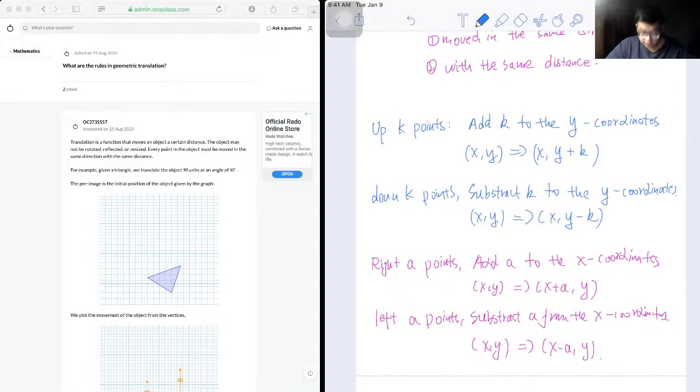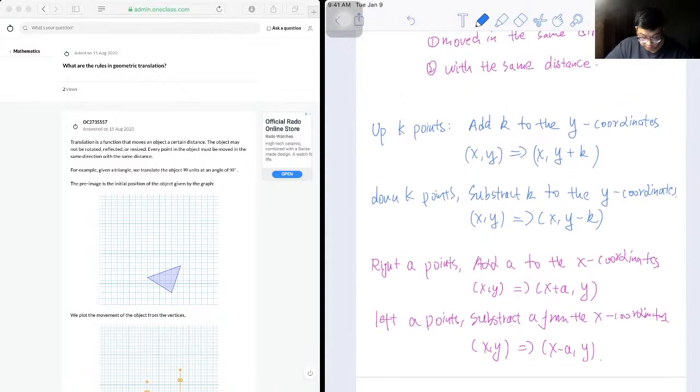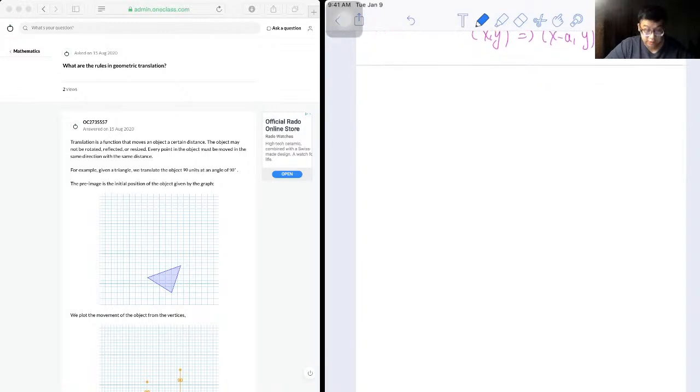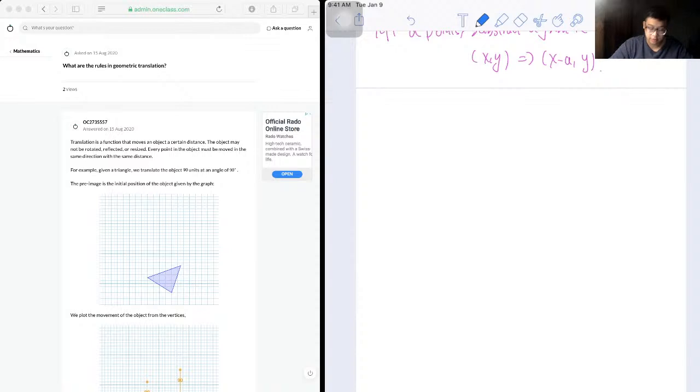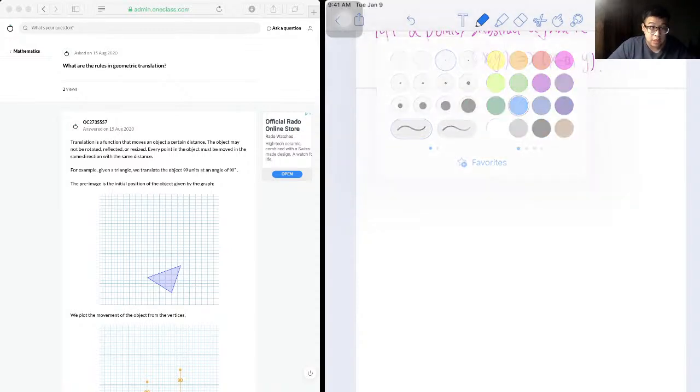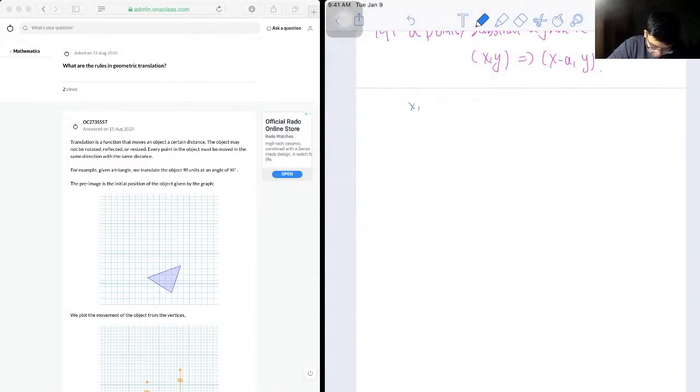By knowing all this, let's do an example just for us to better understand what these algebraic representations of translations are. So let's see, x y would become x plus 3, y minus 2 as our translation.